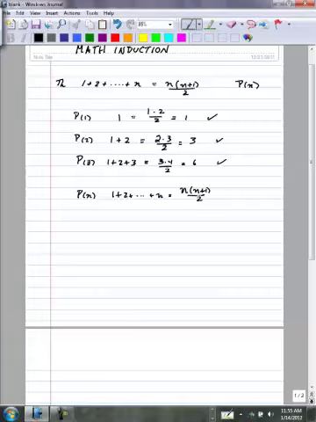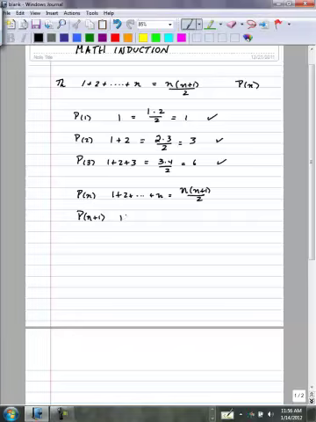Now how do we do it? It's really clever. The technique that induction follows. We get a hint of what we're going to do if we write down the next proposition, the one that depends on n plus 1. Now this is easy to find. It confuses students, but it shouldn't. All we do is go to P of n, and wherever we see an n, we replace it by n plus 1.